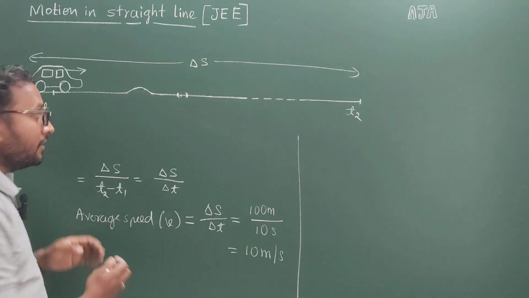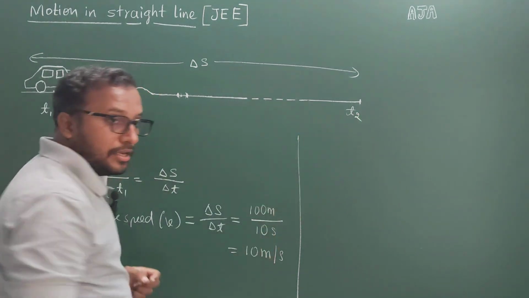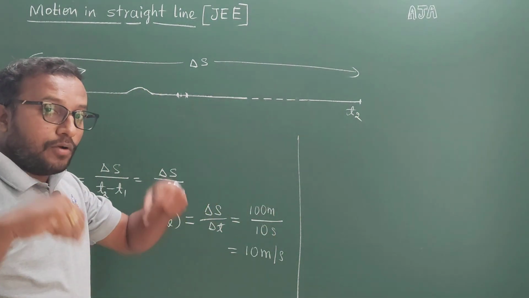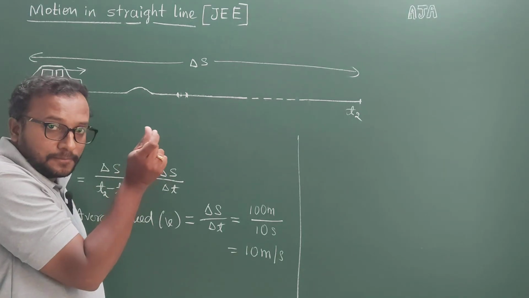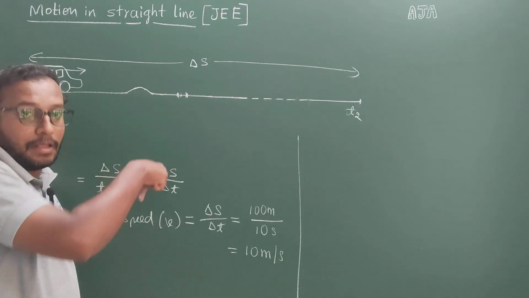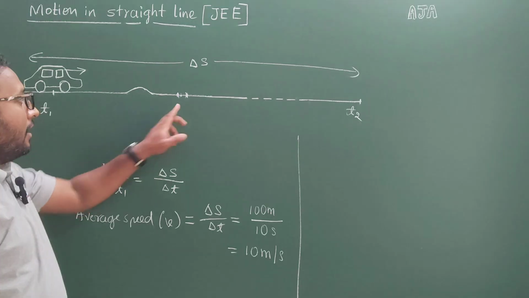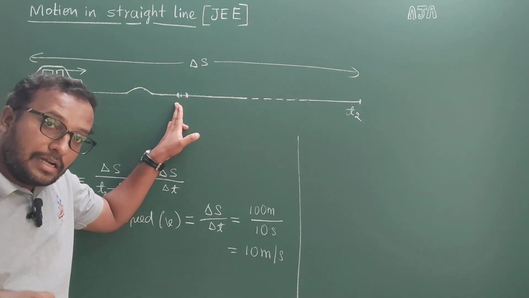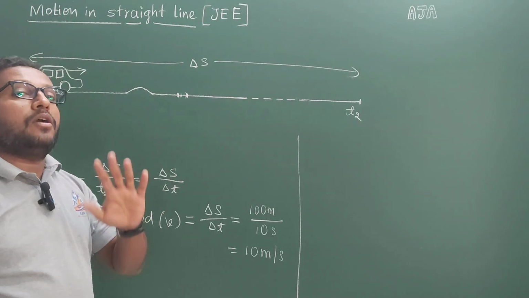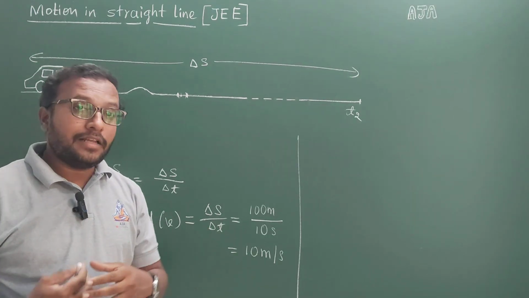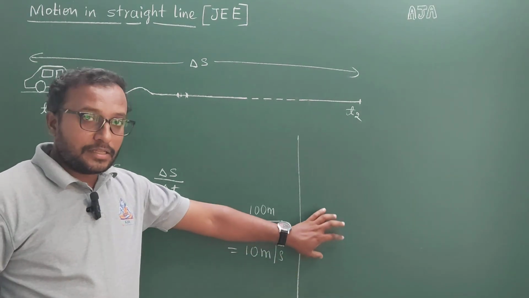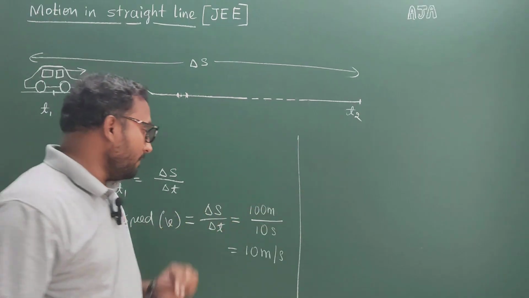Now I am not taking the entire time interval to calculate the speed. I'm interested in calculating what is the speed of the car only over here at this instant of time. The speed of the car at a particular instant, at a particular position, is called instantaneous speed. Now how to calculate instantaneous speed and how to express it in the mathematical way, that I will tell you.